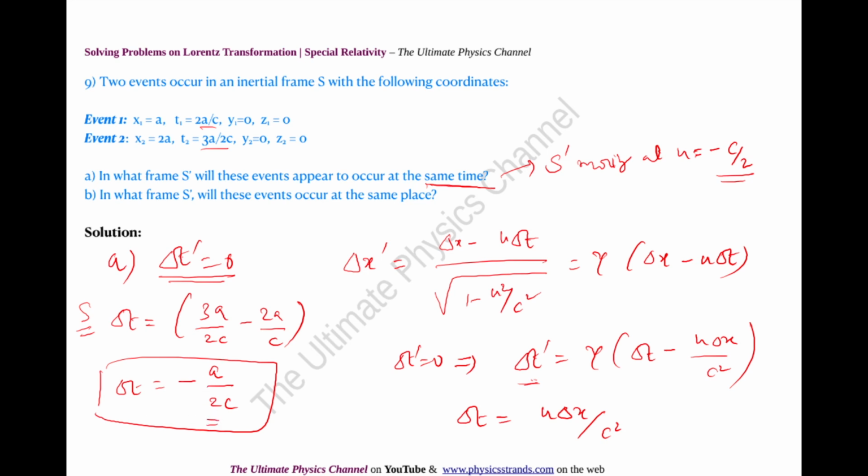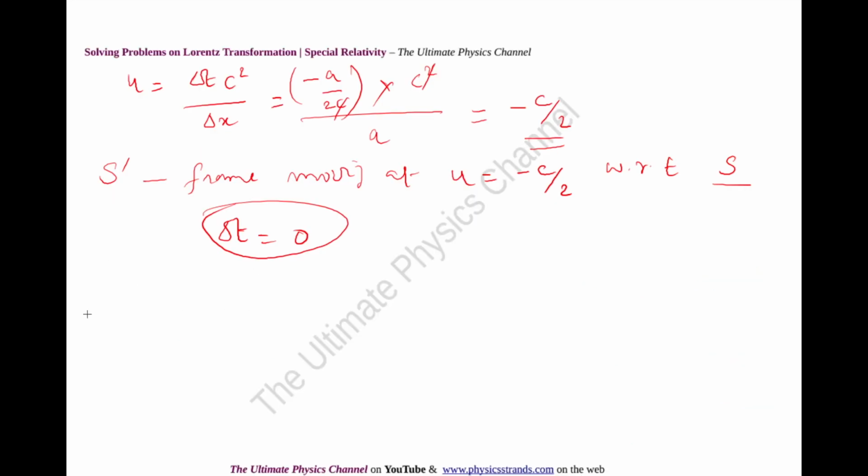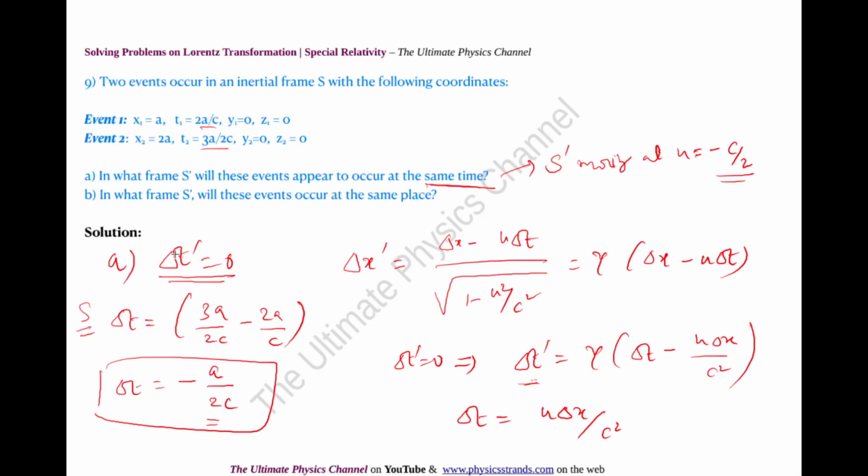Next part of the question, in what frame will the two events occur at the same position? Let me call that S double prime now, no problem. In this particular frame of reference, del x double prime is equal to 0 because it is given as same position. For convenience, in what frame will these two events occur at the same place?